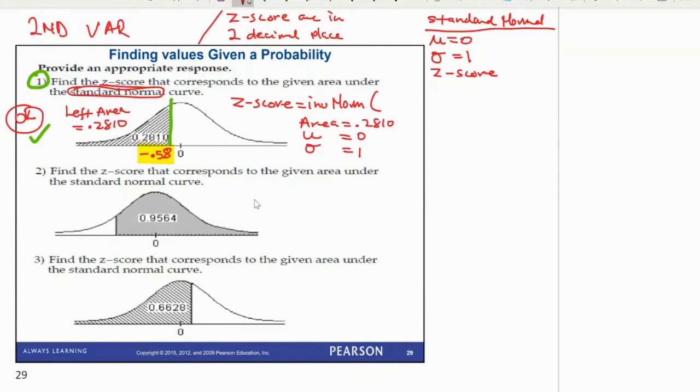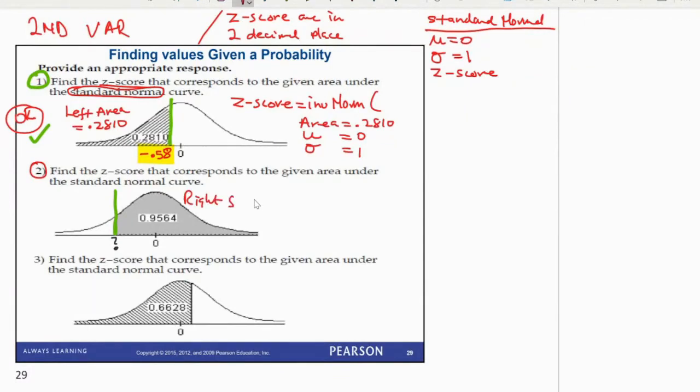Now let's look at question 2. So here in question 2, the given line is here, and they want us to find what is the z-score that will be under this line. Well, they gave us the right side.